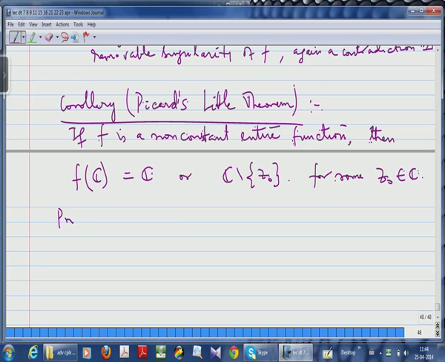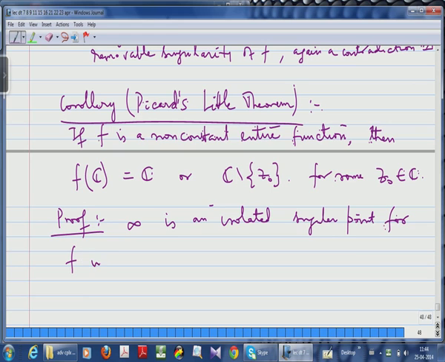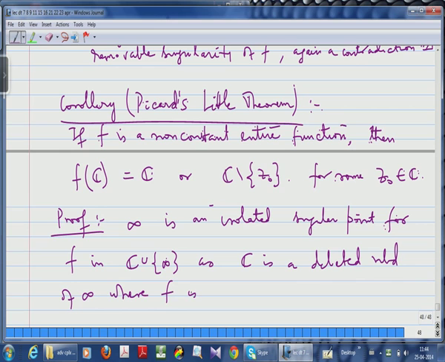So the proof is: infinity is an isolated singular point for f in C union infinity, as C is a deleted neighborhood of infinity where f is analytic.